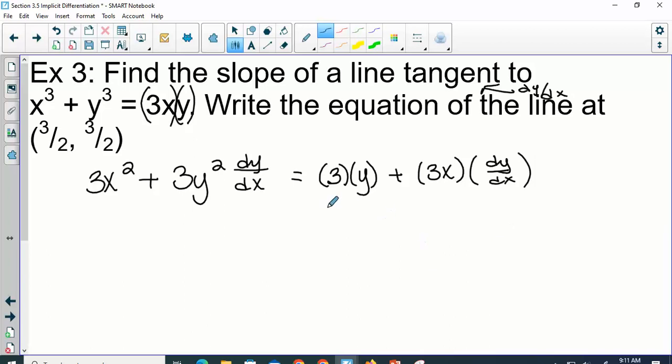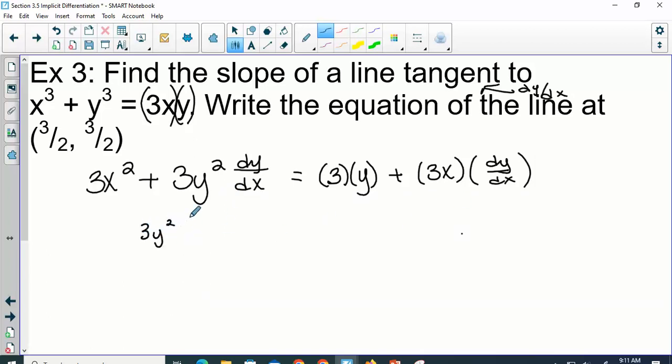Let's take a look now. I need to be able to solve for dy/dx. In the original problem, there is no way I could have gotten y equals, but we can get dy/dx by itself now. Let's move all the dy/dx terms to one side and everything without it to the other.